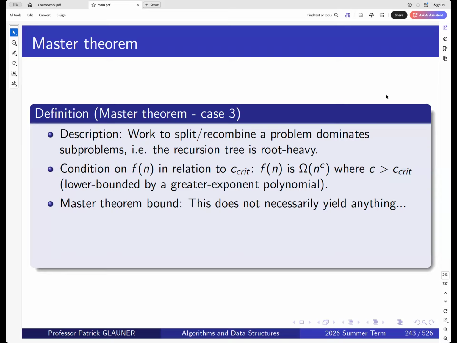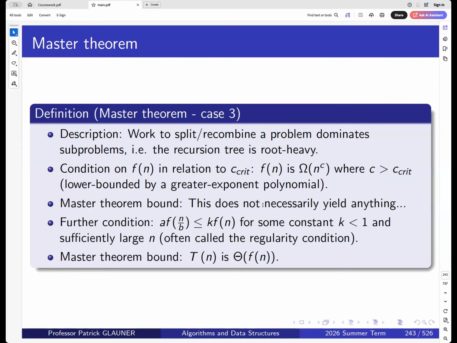But if you look in detail into the master theorem, then this alone does not yield much information yet, but we need to add another condition so that the master theorem actually returns reasonable results.